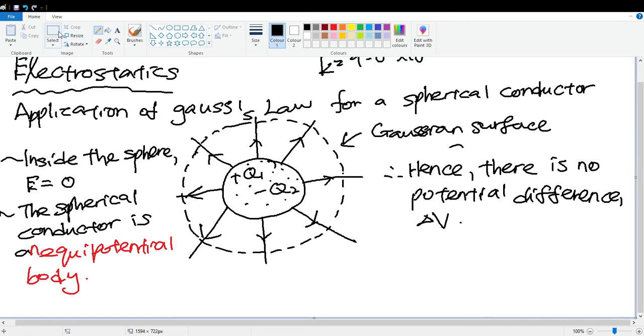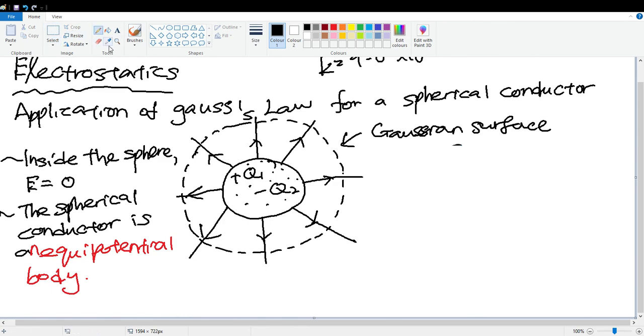So what is the relation between the electric potential and electric field strength? In this case, the electric field strength is equal to negative dV over dr. Why is there a negative in front of dV over dr?